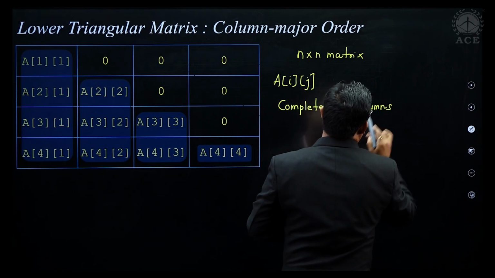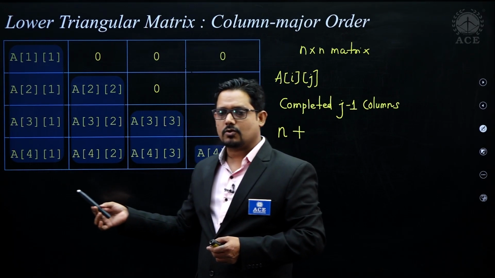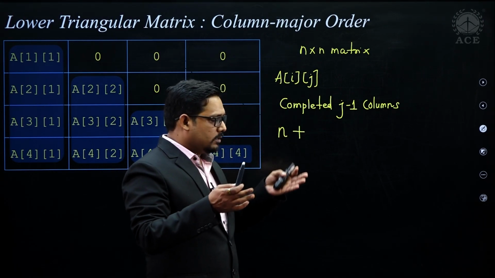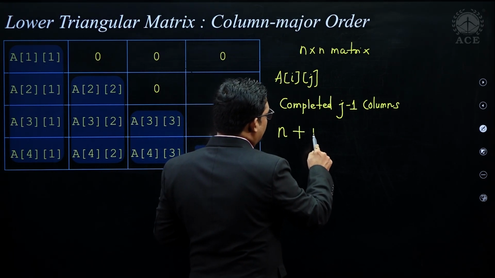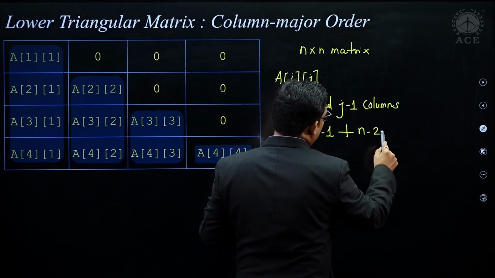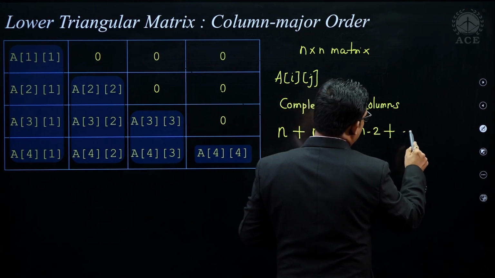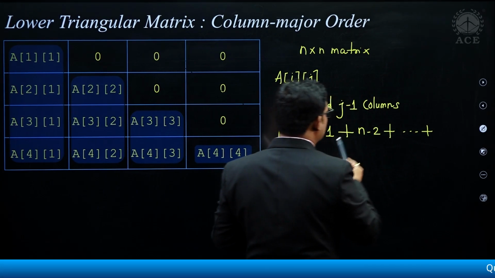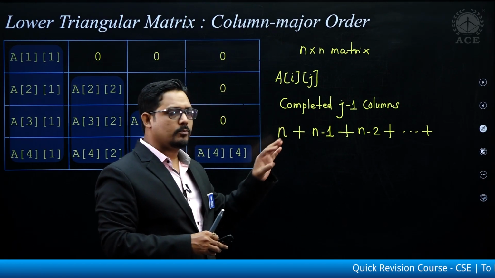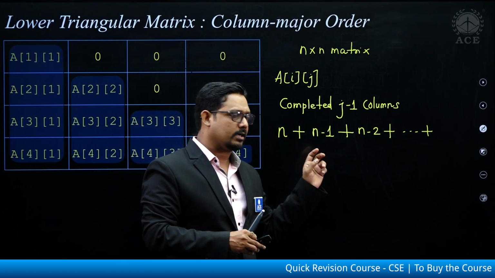The first column will consist of n elements, the second column will consist of n minus 1 elements, the next column will consist of n minus 2 elements, and similarly, I need to generalize this, the number of elements in the j minus 1 column. For the first I am not subtracting, so 0 subtracted.